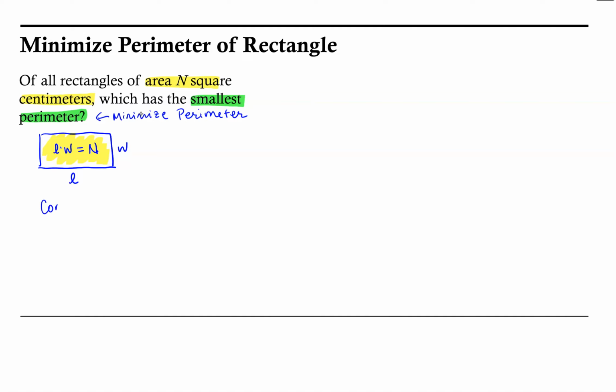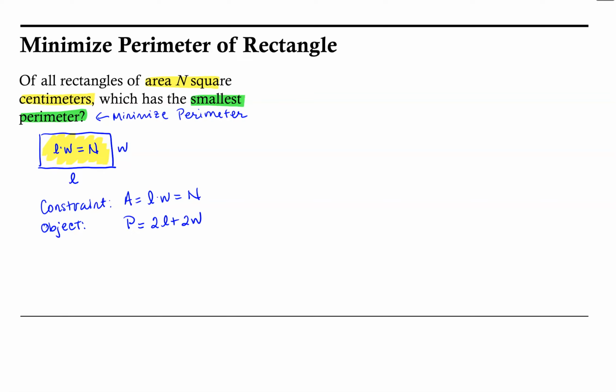So our constraint is that the rectangle must have an area of n square units, and our objective is to minimize the perimeter. Well, if we use L and W to represent the two sides of the rectangle, then our perimeter would be 2L plus 2W.